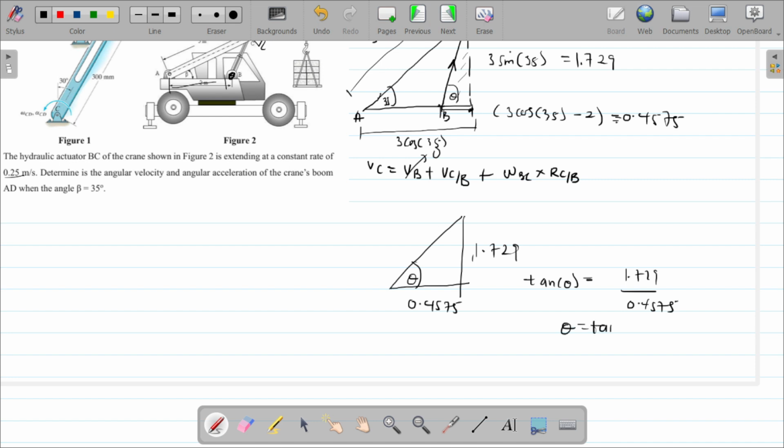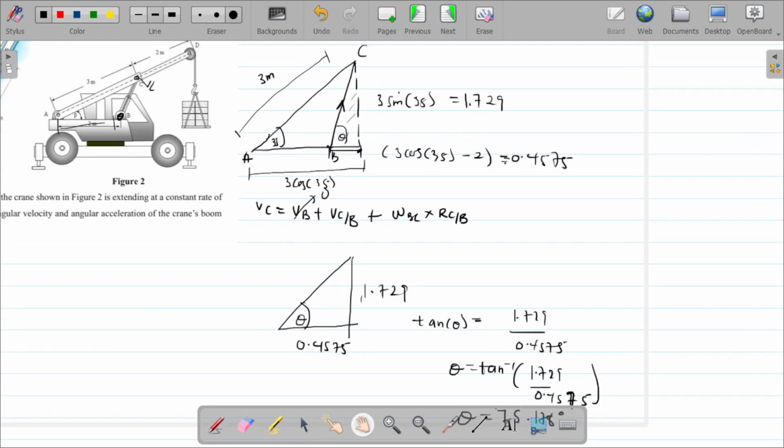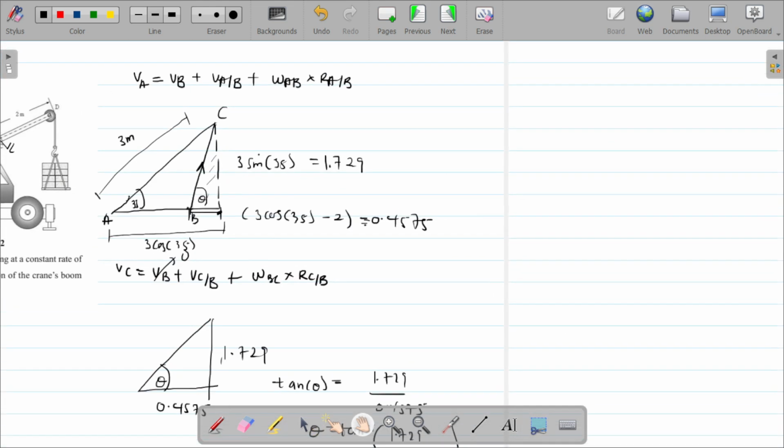So theta will be tan inverse of 1.729 over 0.4575, which gives me 75.178 degrees. Okay, so the angle here, theta, is 75.